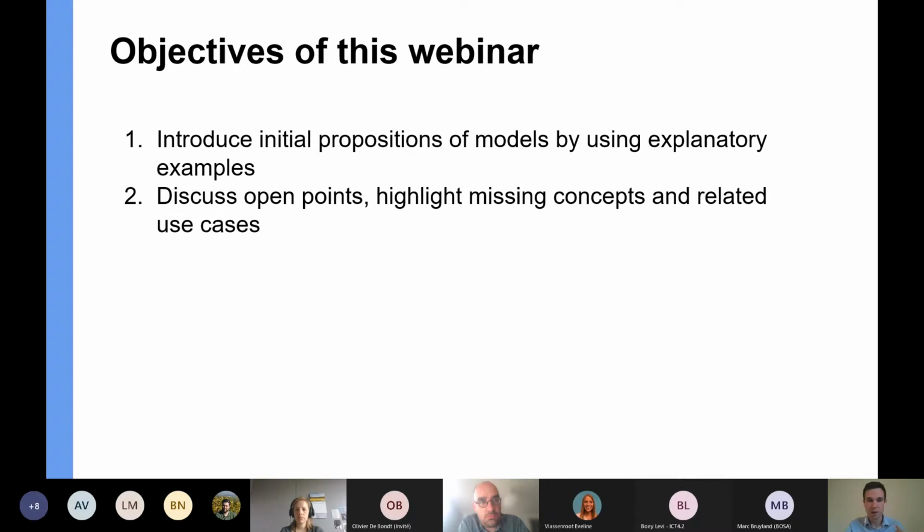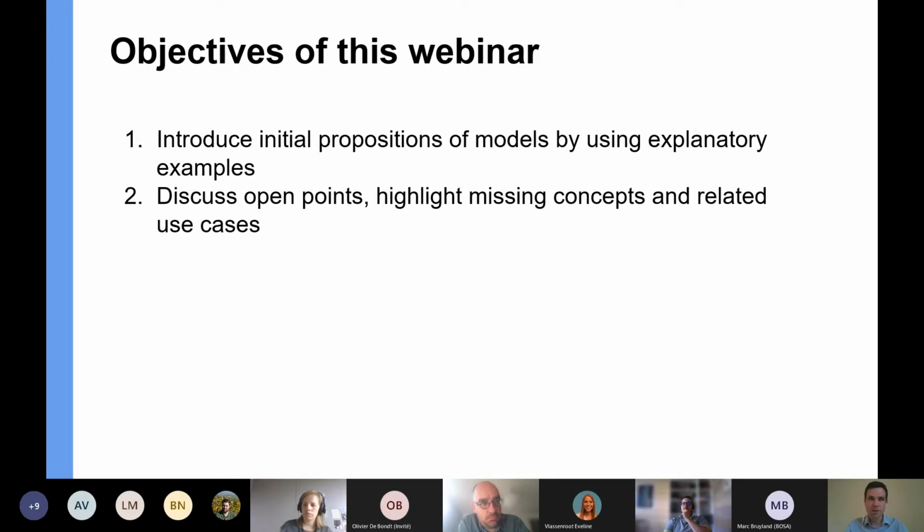It means basically identifying the key elements, the key pieces of information that help to describe a public service or help to describe a public organization. And what is important to remember is that we are trying to define harmonized data models. So we are not trying to define a model that is specific to one domain, but really models that can be used by any public administrations in Belgium.